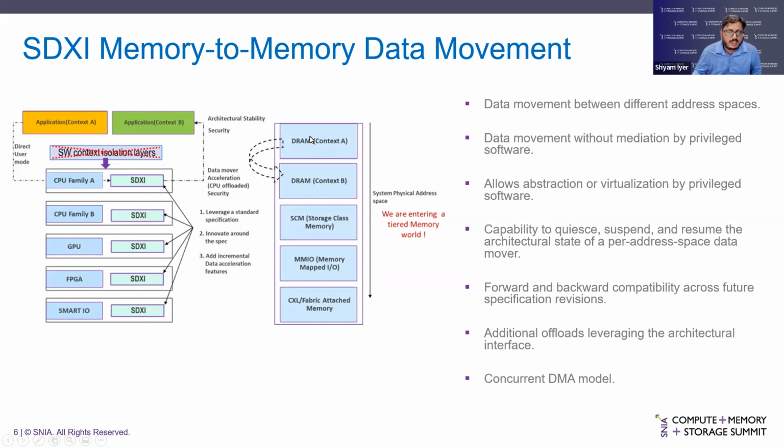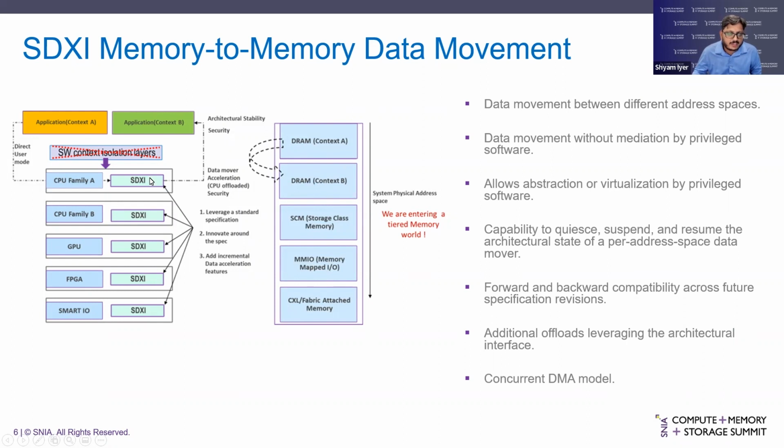To begin with, a lot of this memory-to-memory data movement is likely to be DRAM based, but the specification is designed such that you can also target memory access on storage class memory and memory behind I/O devices, or even memory across a link or a fabric like CXL.